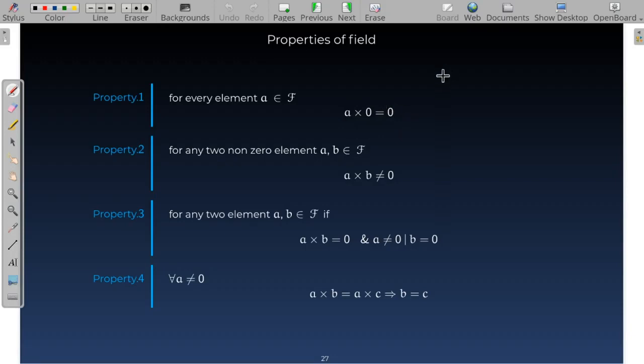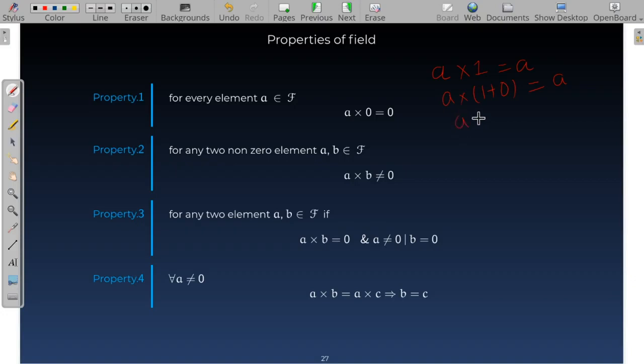Okay, so we already know that a times 1 is actually equal to a, right? So I can show that a times (1 plus 0) is going to be actually equal to a only, isn't it?